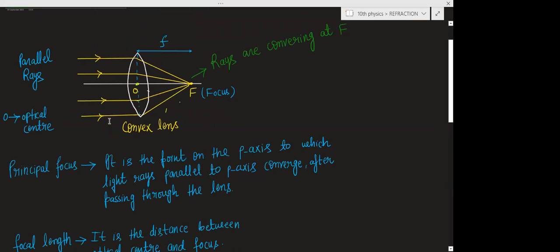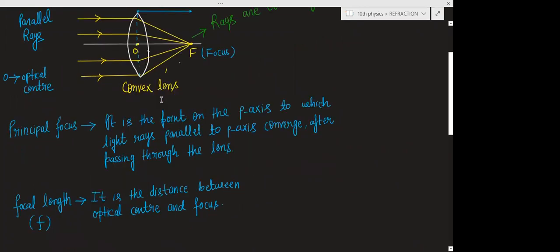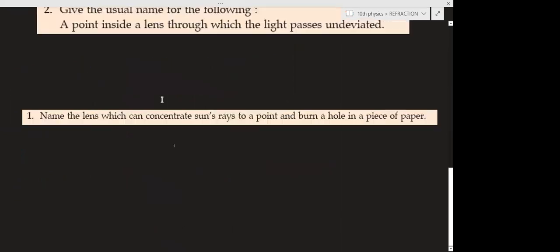These are parallel rays coming from an object which is at infinity, and sun is also at infinity. So we can say the answer is convex lens.